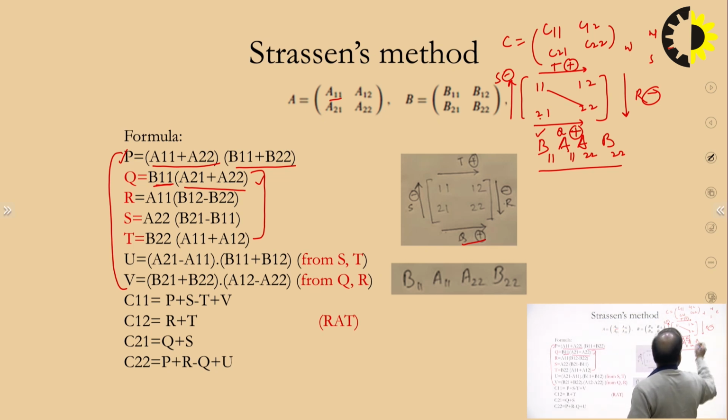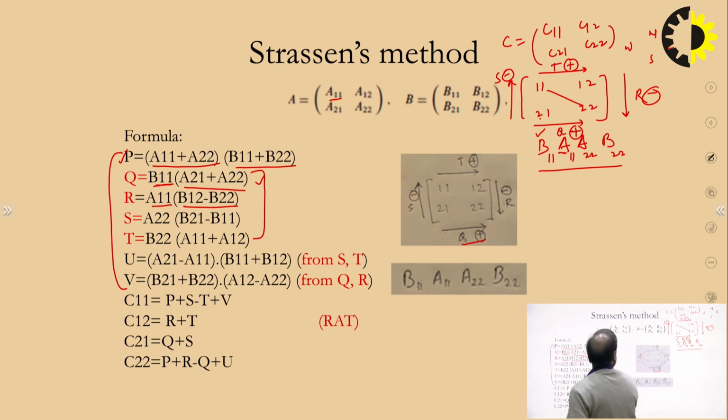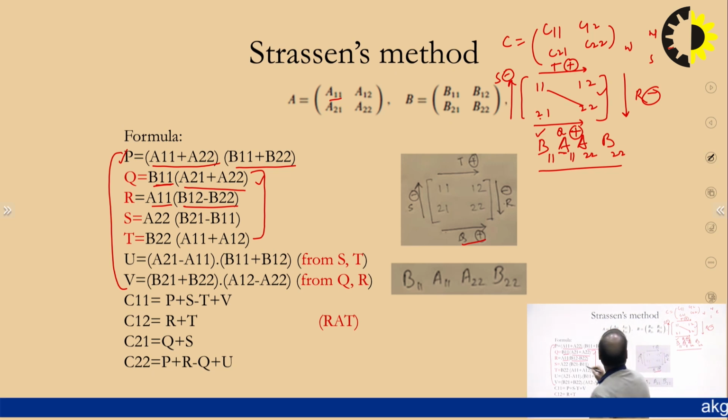Then R is like here: P, Q, R, S, T. This is what we are remembering. R means the next is A11, so opposite, the inside should be B: B12 minus B22. That is it. Simple. In order to get S, again Q, R, S, this is opposite of the south.